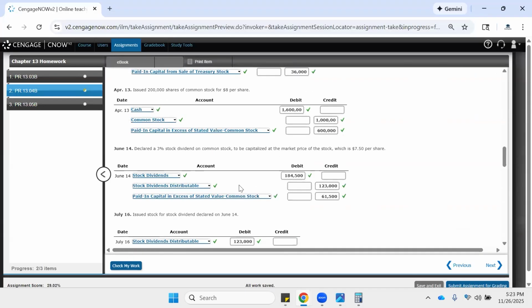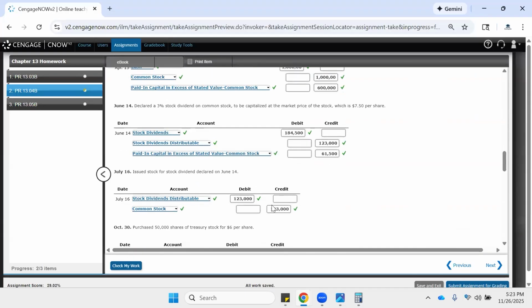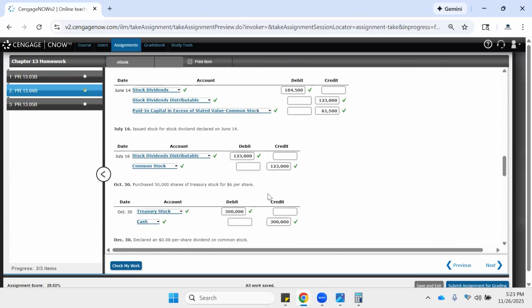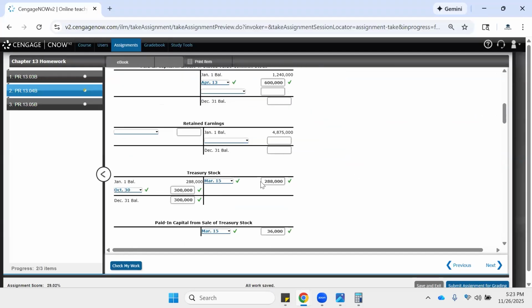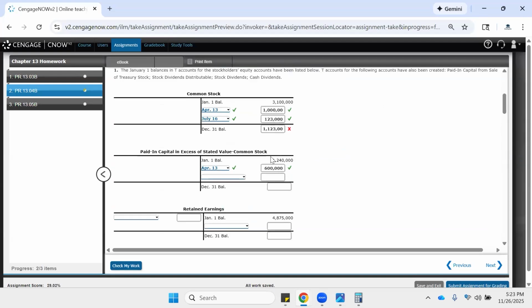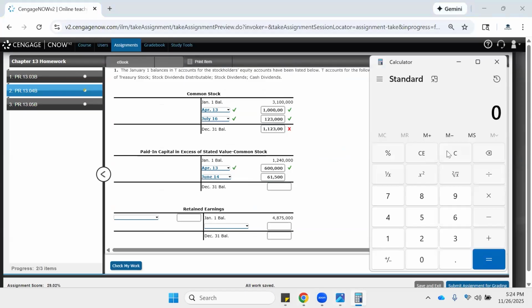And if we take a look at stock dividends distributable, we also had paid in capital in excess of common stock of 61,000 here. That's on the declaration date was when that was created. And for both of these, we have to properly add it up.